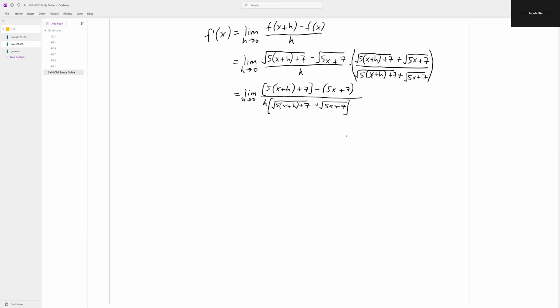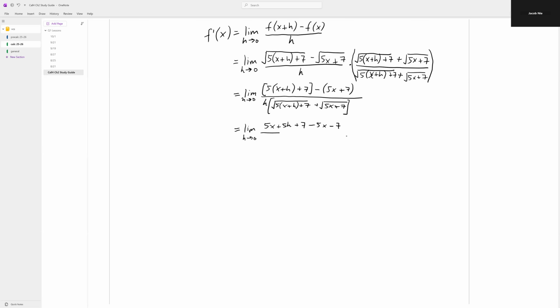And then the final steps are just going to be simplifying this expression. And so now we can expand the numerator. So distribute that 5 across the x plus h. And so that is going to give us 5x plus 5h plus 7 minus 5x minus 7. Notice how the minus sign distributed to the plus sign of the 7.